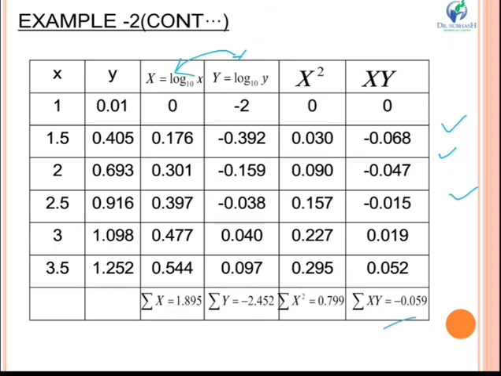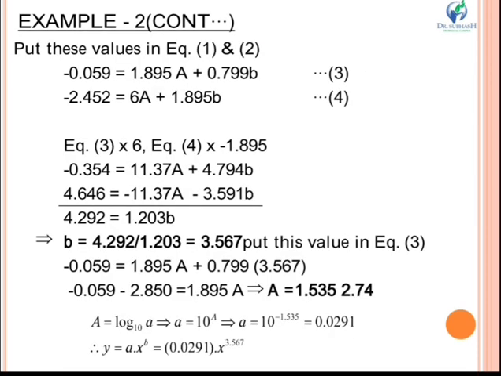On doing the total, we get summation XY equal to minus 0.059. Now I will put these values in equation 1 and equation 2. On putting these values, we get our next two equations, that is equation 3 and equation 4.